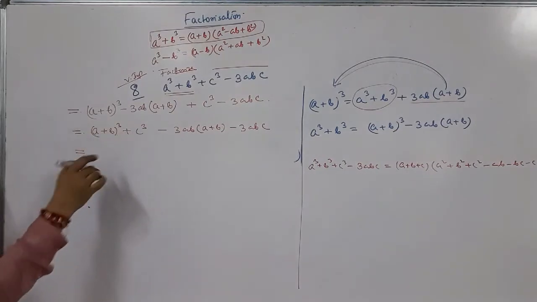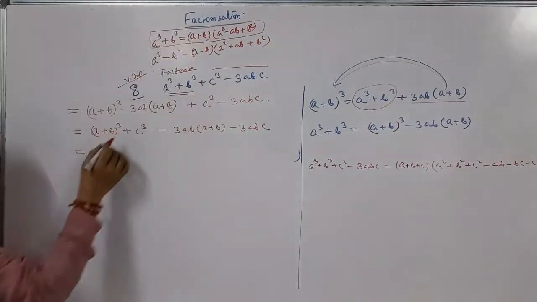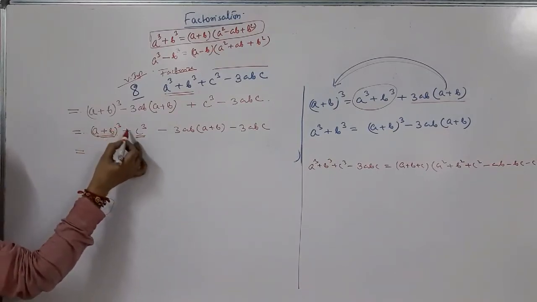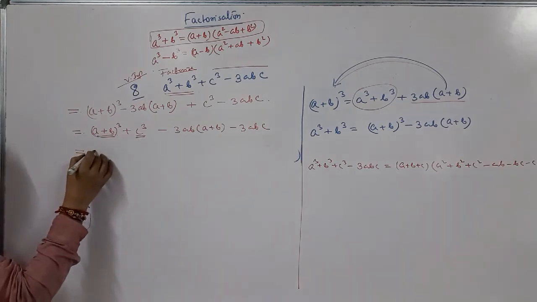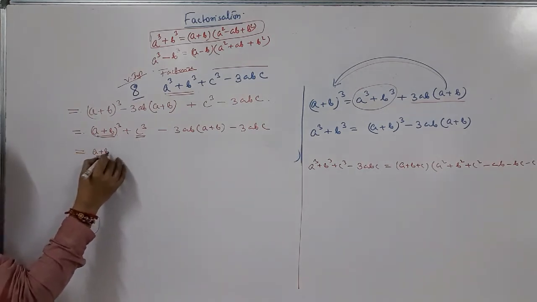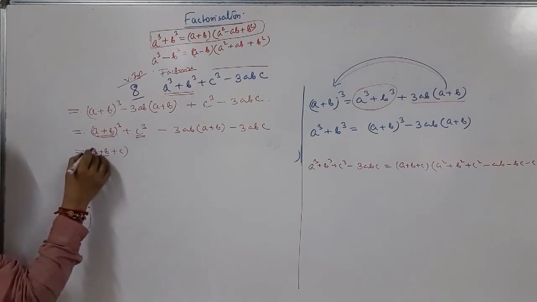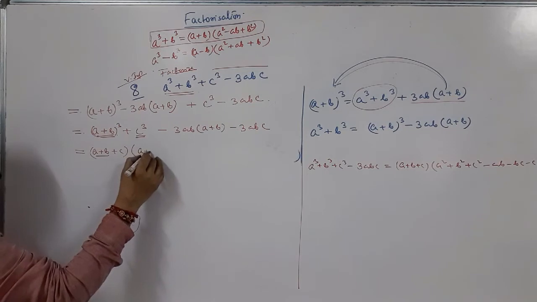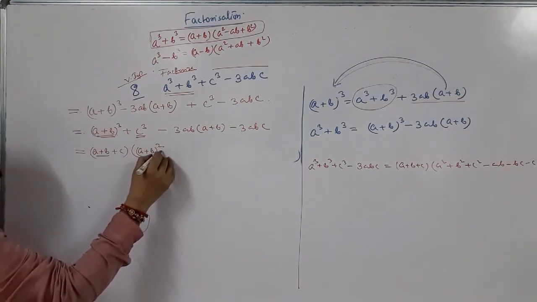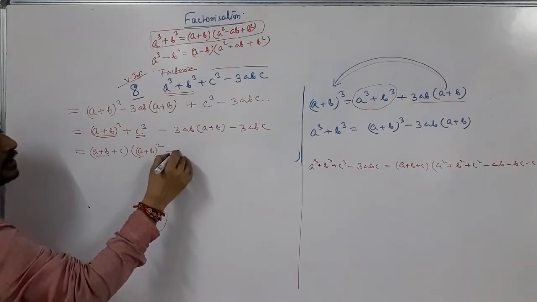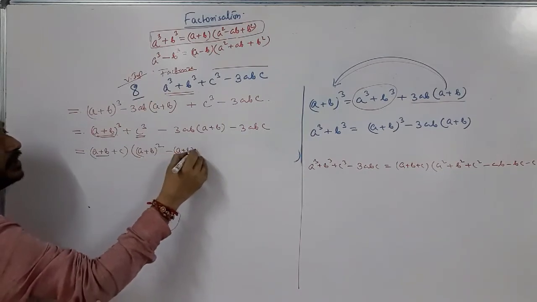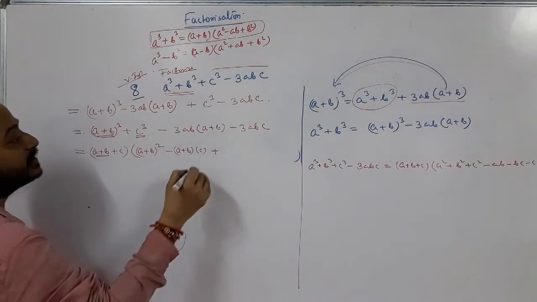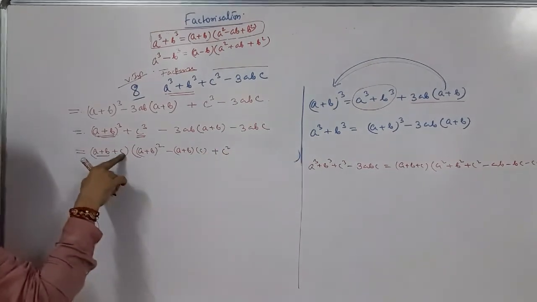So a cube plus b cube means what? I told you, think of this one as a, this one as b. So this is a cube plus b cube. So what do I get? This is a plus b, then a square minus ab, and then plus b square, where b means c here.